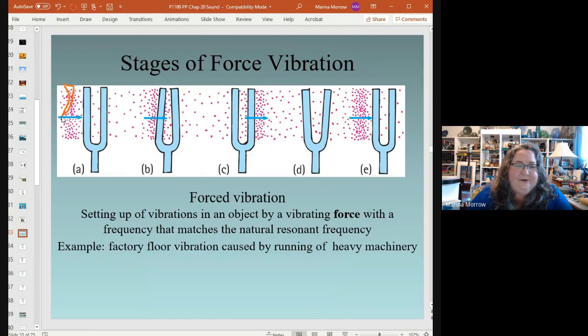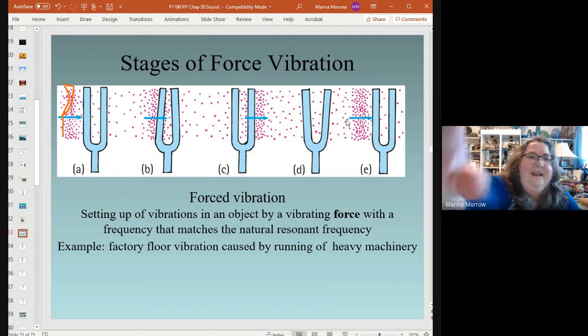And if the tuning forks are matched in frequency, then those waves will reach the tuning fork and push it and cause it to actually start vibrating, even though you're not touching it, it will end up making sound. So let's go see an example of that.